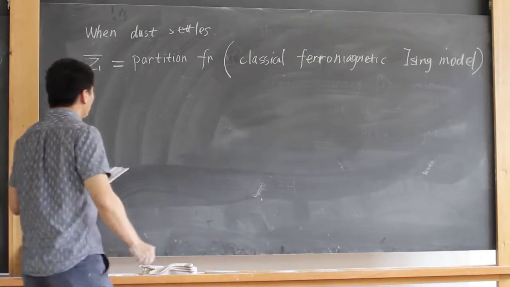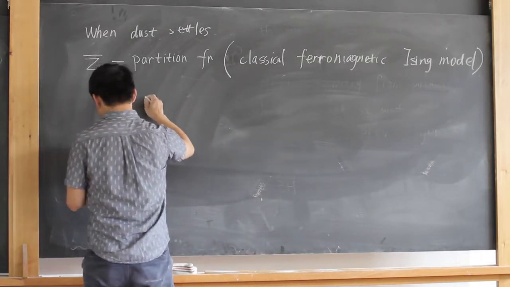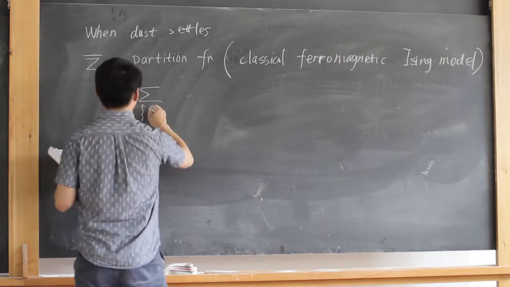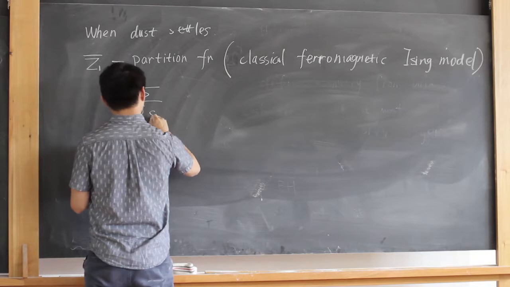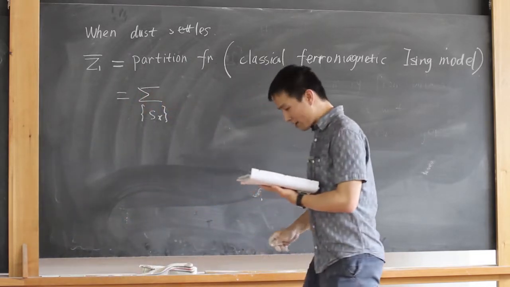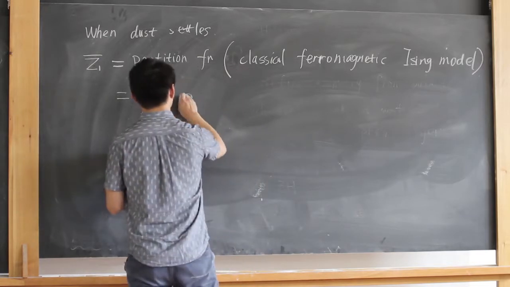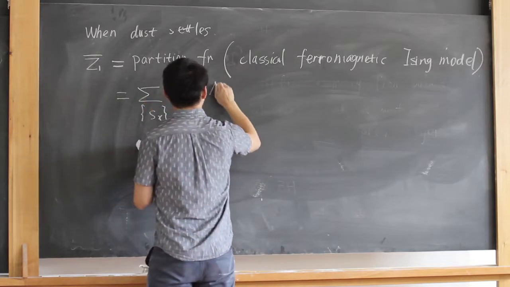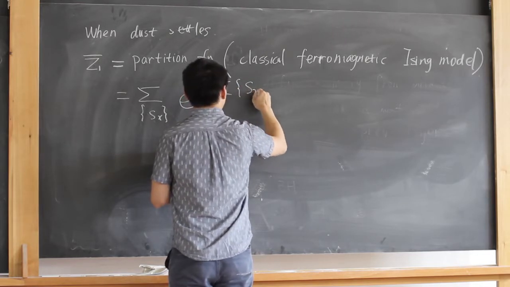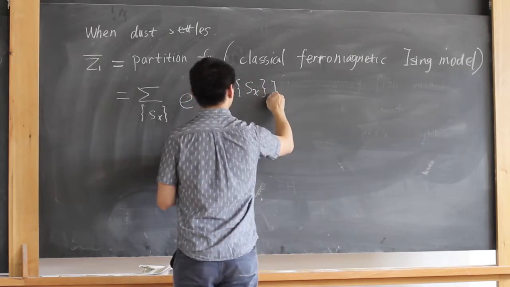The partition function of a classical Ising model is a sum over spin configurations weighted by e to the minus the action computed for each spin configuration.